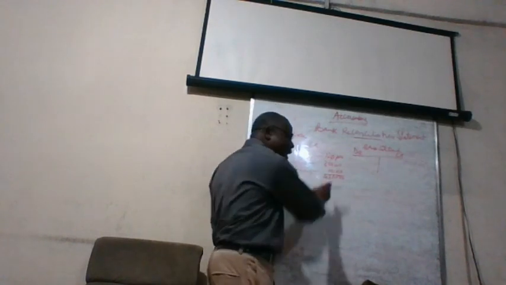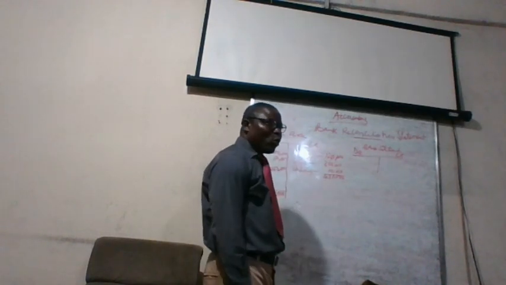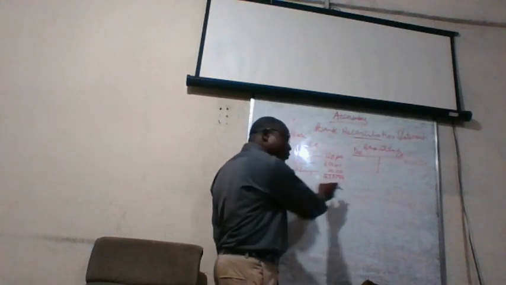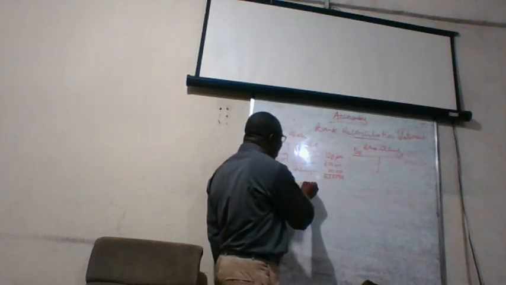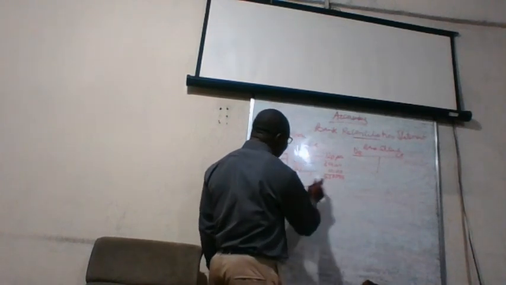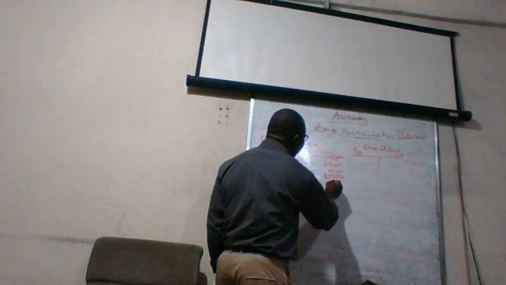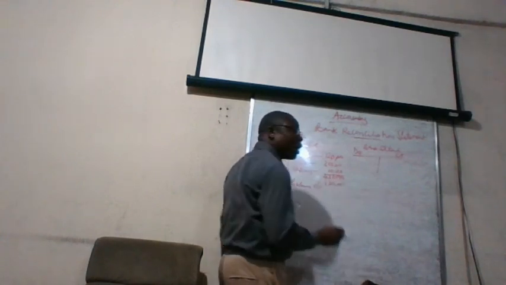This side is higher than this. So what do we do? We have to find the difference between the two. Balance, say carry down, brought down. What would be the difference? The difference between this and this should be 170. Am I right? Is that okay?